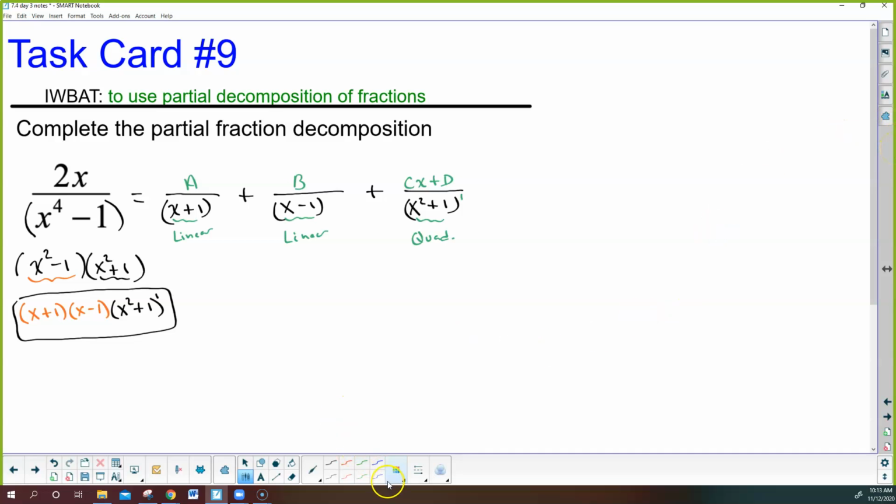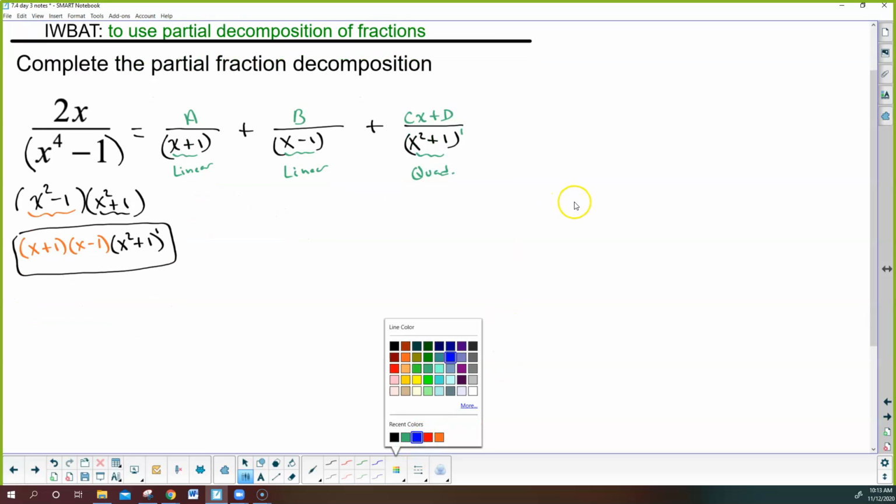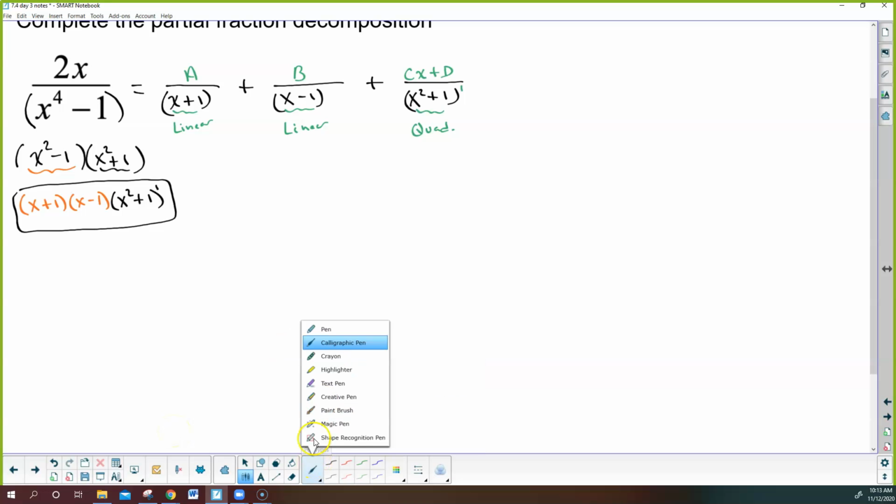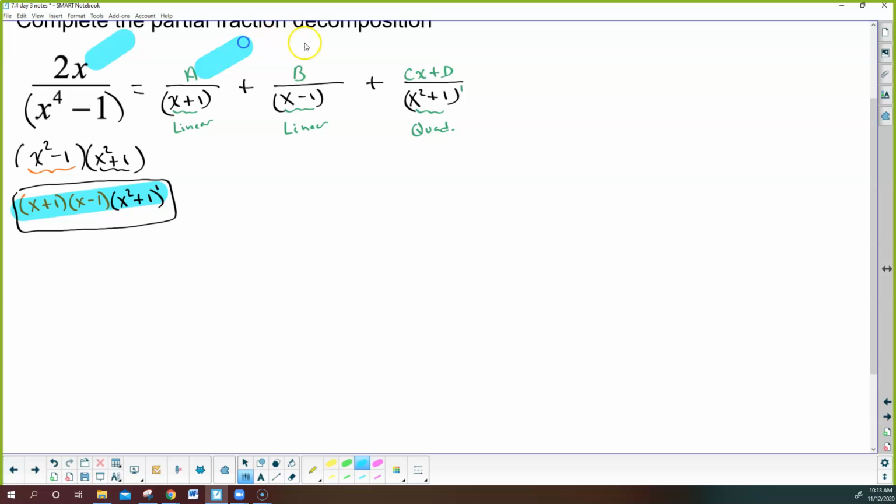Okay. Now, here's the part that I'm going to see if we can skip some work. And if this isn't friendly, let me know and I can write out the work. But what am I going to do? I'm going to take this factored form of the denominator, and it's like writing that for each one of these, right?